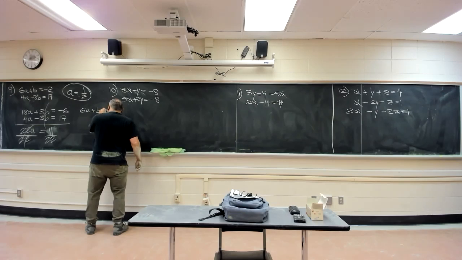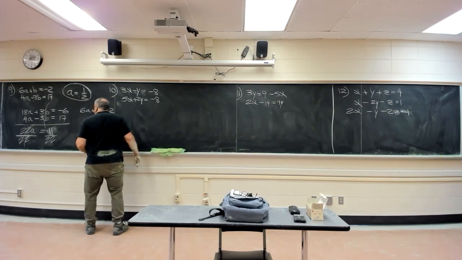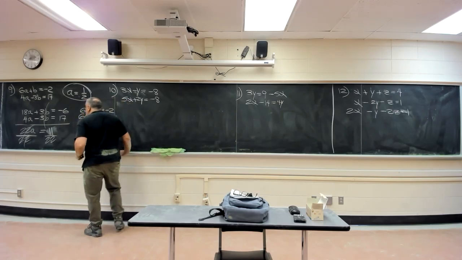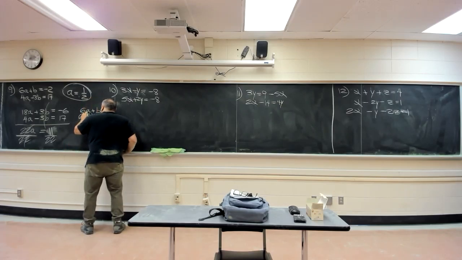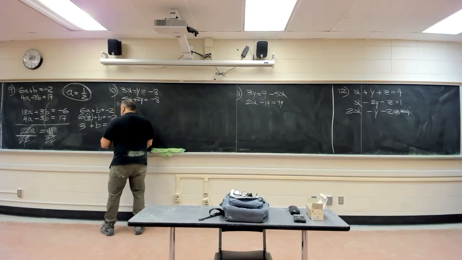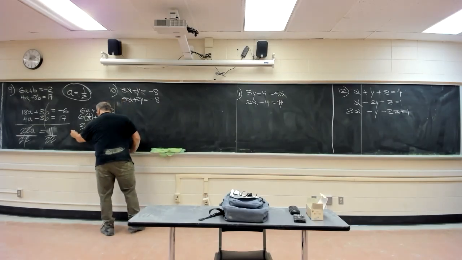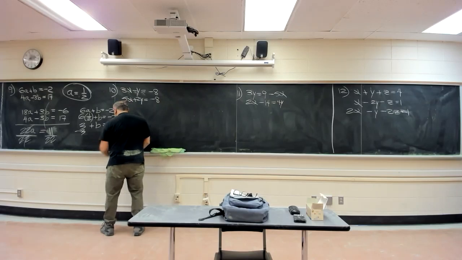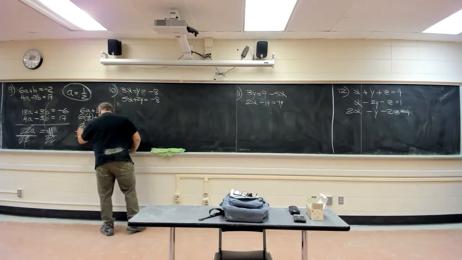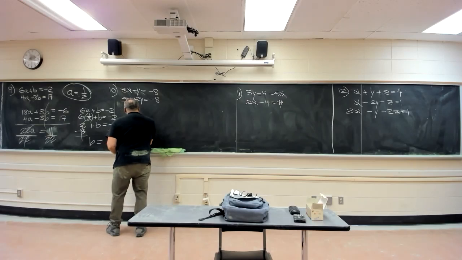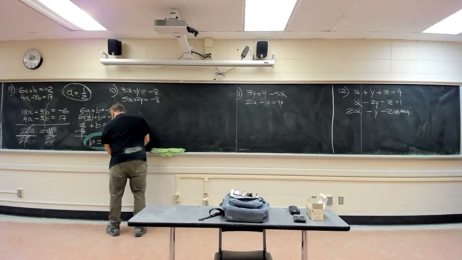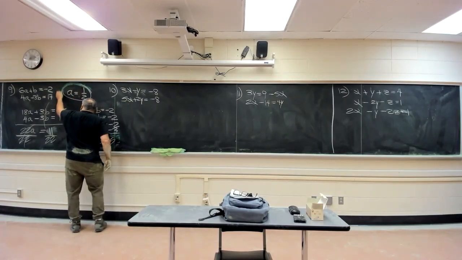6a plus b. A is a half. A half of 6 is 3. Subtract 3 on each side, or add a negative 3. You've got to be careful. You don't want to get a negative 1 here or something. We really want to be careful what we're doing here, guys. B is equal to negative 5. So B is equal to negative 5, and A is equal to a half.